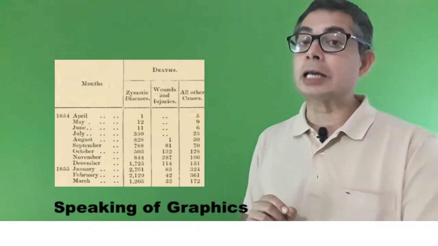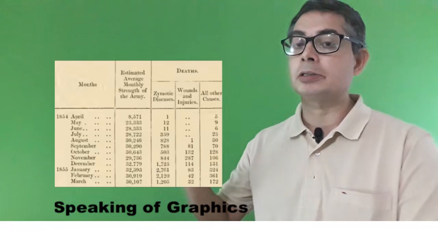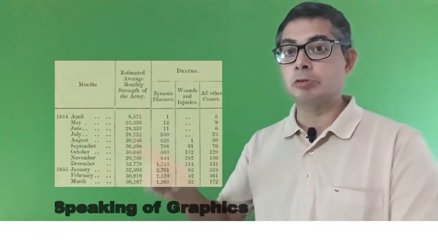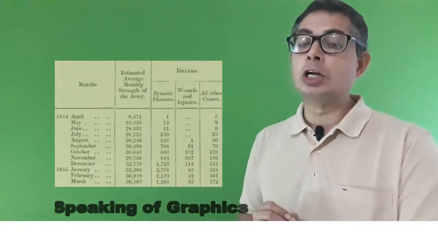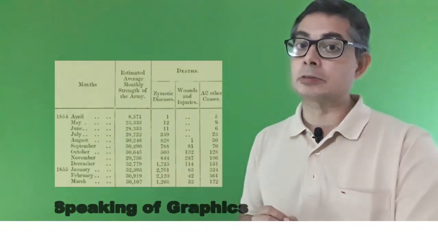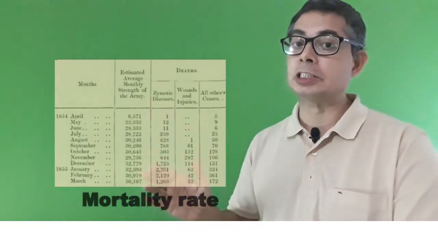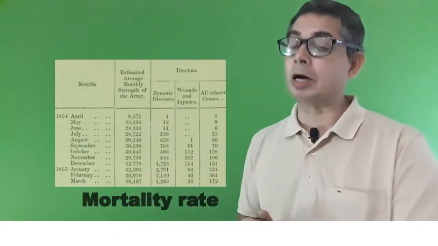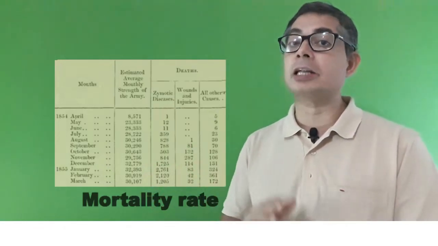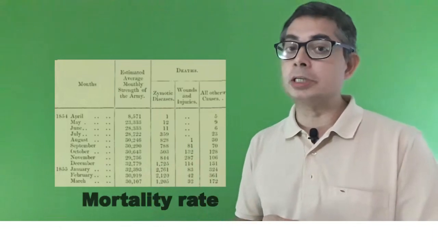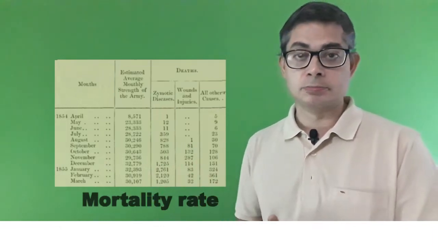Instead, she used an additional variable, the monthly size of the army, this particular column, and projected everything to mortality rates by dividing the numbers of deaths by that estimated army size for that month. This allowed her to compare different months without having to worry about the different army sizes in the different months.